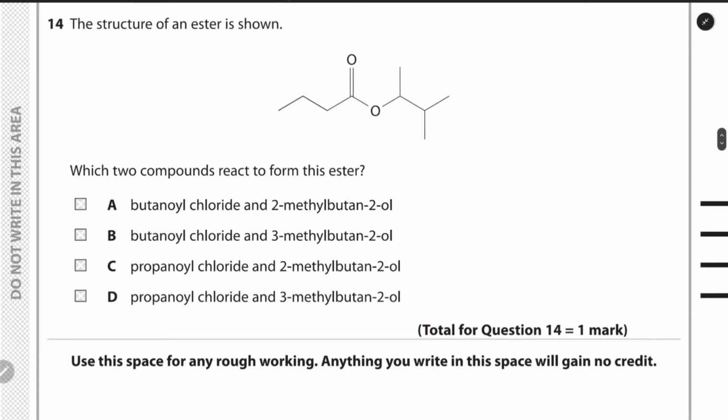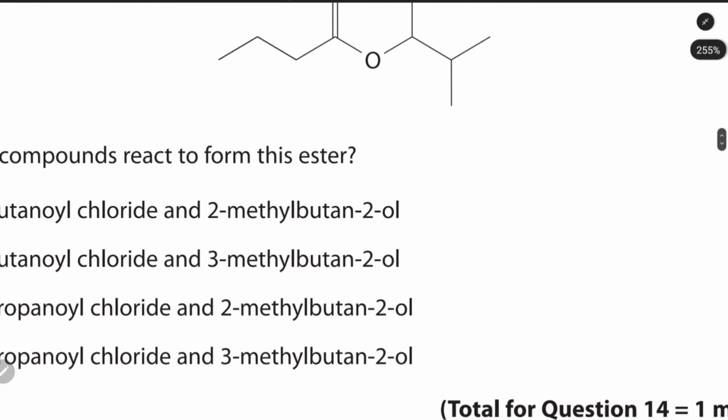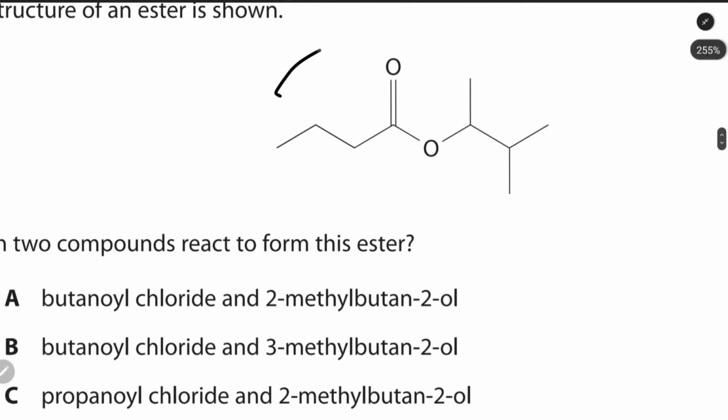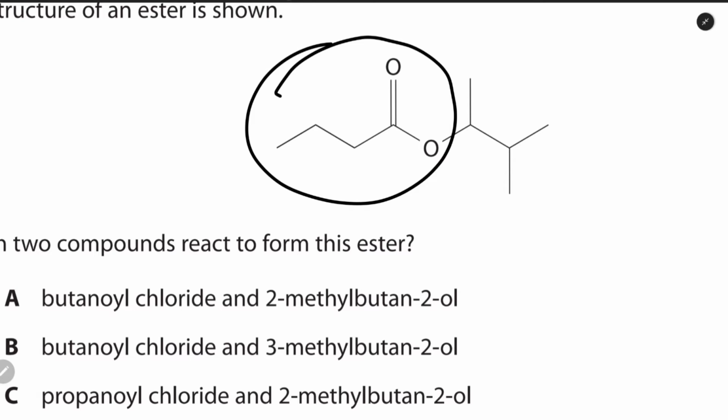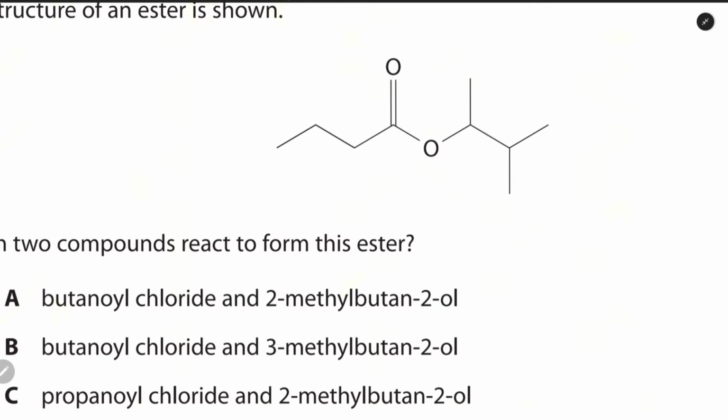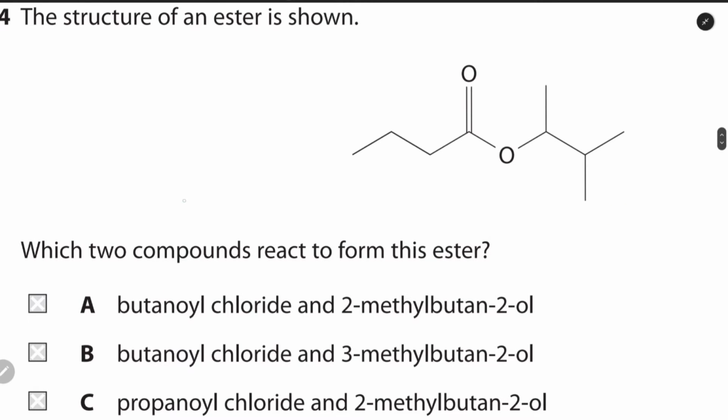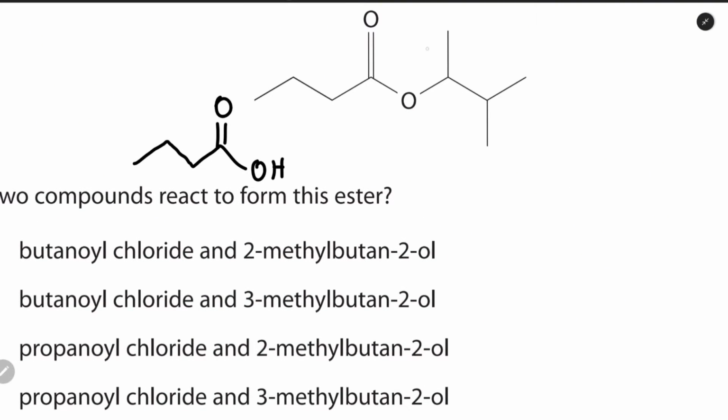Now into question 14, where we have the structure of an ester. We have to find which two compounds are needed to form this ester. So this is the portion that we get from the carboxylic acid, and this is the portion we get from the alcohol. So from the carboxylic acid we get this part. And from the alcohol we'll have this part over here.